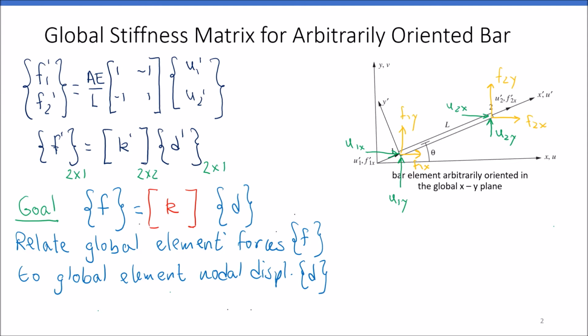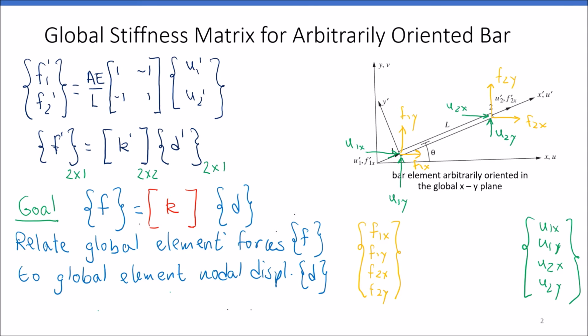So when I'm looking at element stiffness equations, I'll be looking at a relationship between F and D. And F now becomes a 4 by 1 because I'm going to have F1x, F1y, F2x, F2y as they relate to the global element nodal displacements, namely U1x, I'm sorry, U1y, U2x, and U2y.